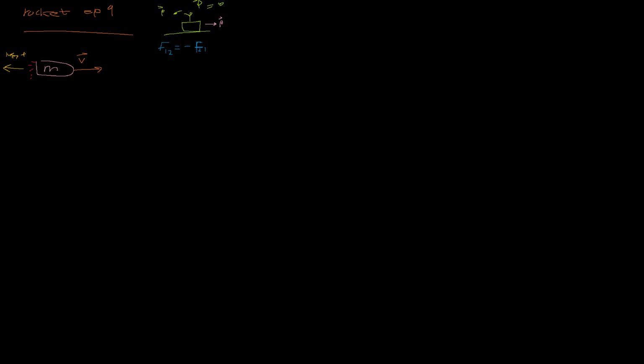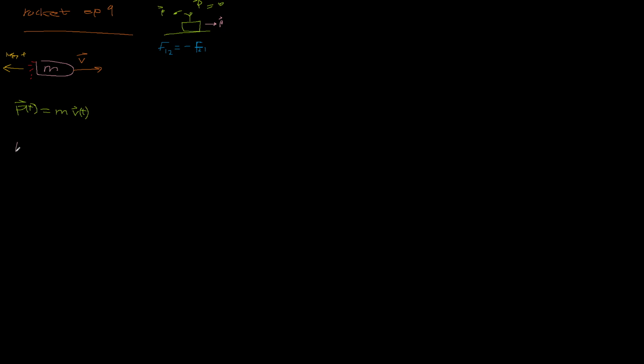The way we want to analyze this is we want to think about the change in our momentum. So here's momentum. Velocity is a function of time. So let's think about what's happening with a rocket here.